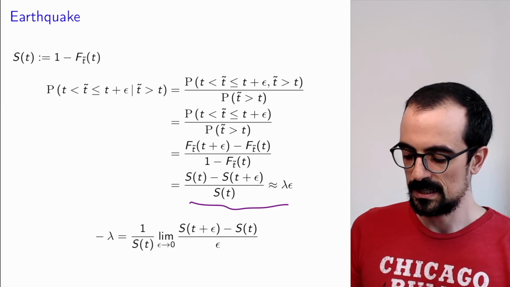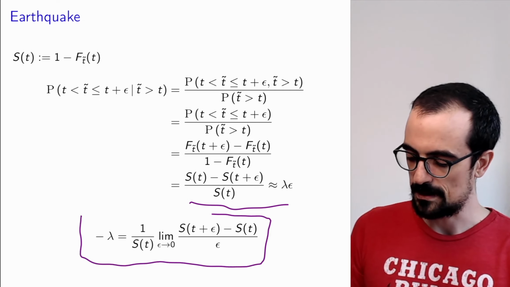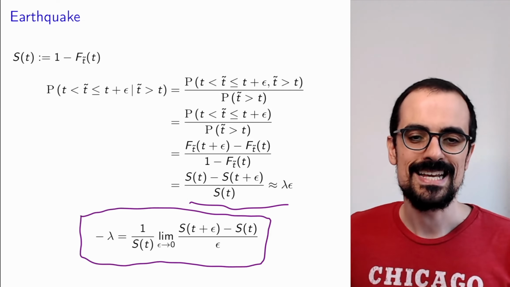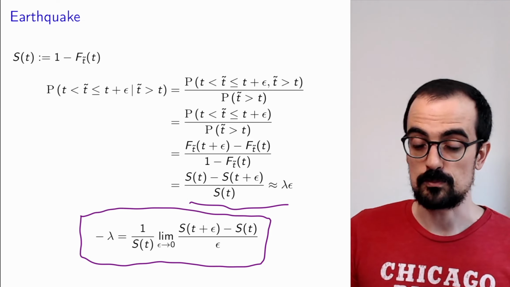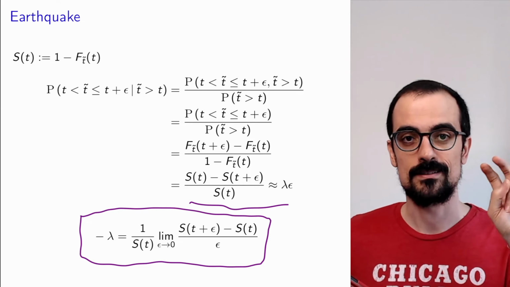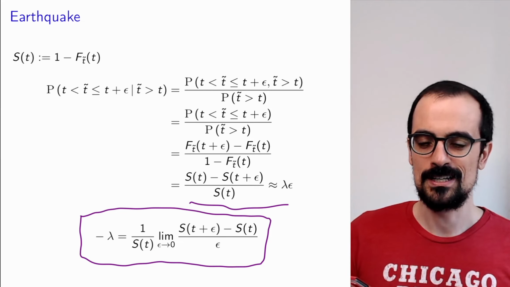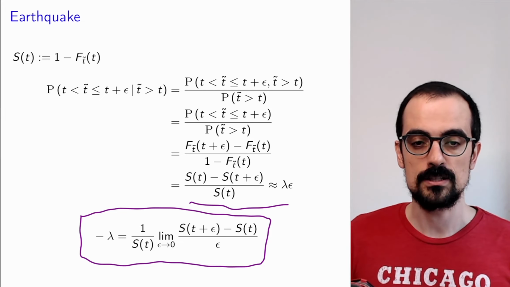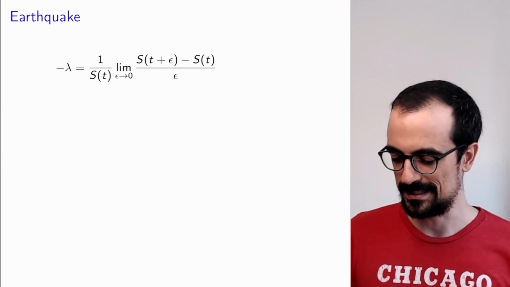All right, so as a summary, our assumption about the arrival of earthquakes is exactly equivalent to this expression where minus lambda, this constant rate at which the earthquakes occur, is equal to 1 over the survival function times this limit. Let's take a closer look at this limit.